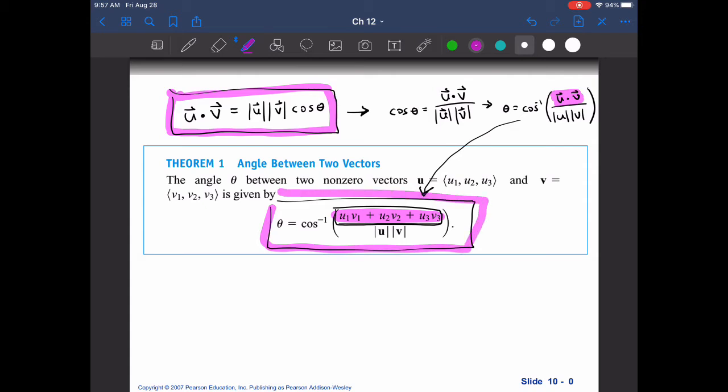You might already have the angle and be solving for one of the magnitudes or something like that. So I personally am a big fan of u dot v equals magnitude u times magnitude v cosine theta. I think I've encountered it more often in that form, so that's what I would go with.